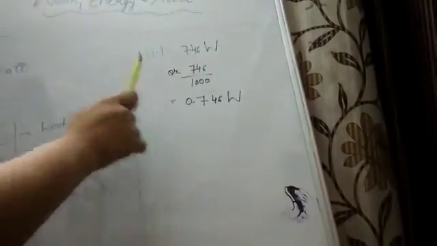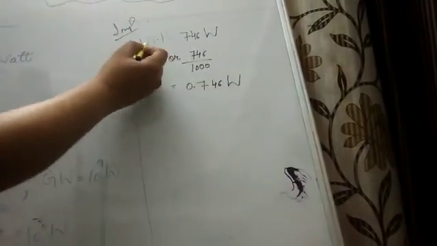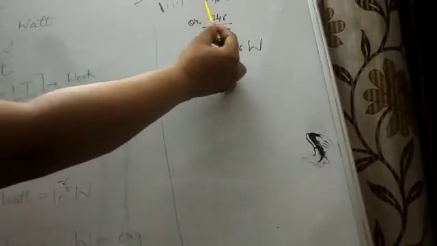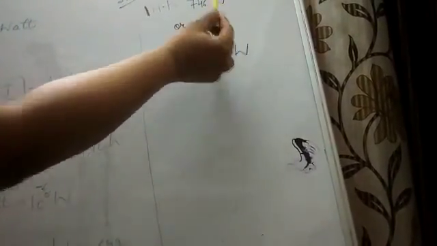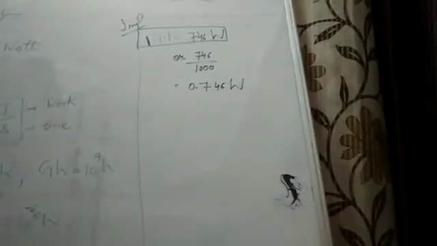one other unit of power is horsepower. You have to remember this, it is very important. Horsepower, 1 horsepower is equal to 746 watt. You have to learn this value. 746 watt.